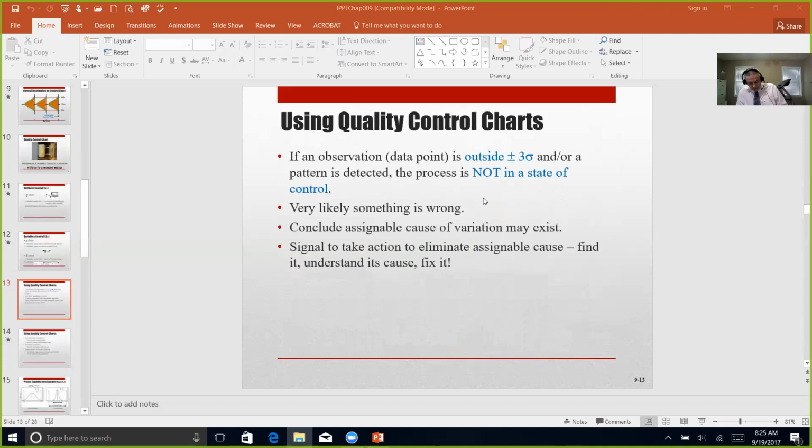So how do we go about using some of these quality control charts? It's really looking at whether we have an observation that's outside the plus and minus upper and lower control limit of 3 standard deviations, and trying to determine if there's a pattern or a recurring trend occurring, why that trend is occurring, and what we need to do to verify that trend and correct it so that we can get back to a standard state of operation around the center line.